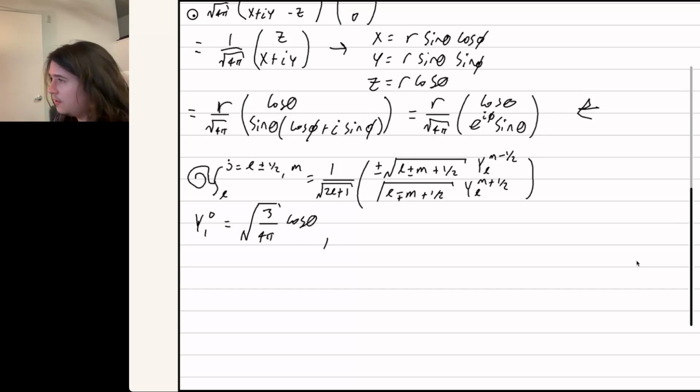And what looks like e to the i phi sine theta, that looks to me like Y11, which is given by, no, it looks like negative root of 3 over 8 pi e to the i phi sine theta.